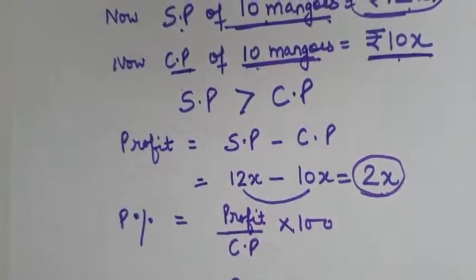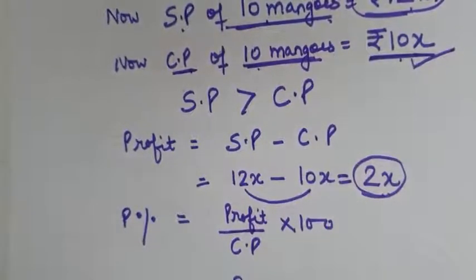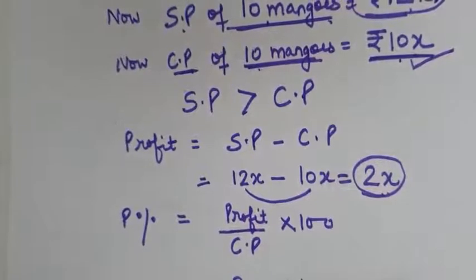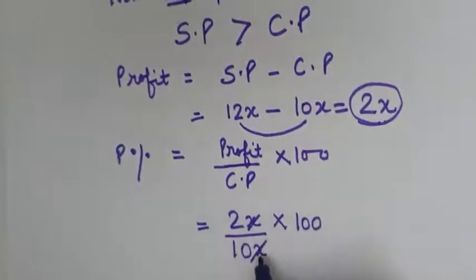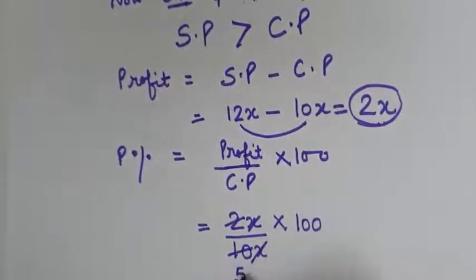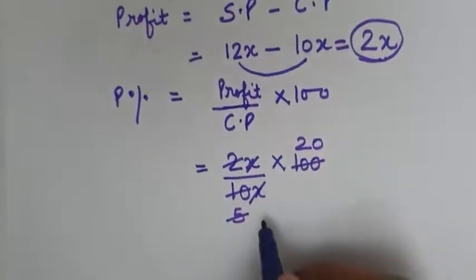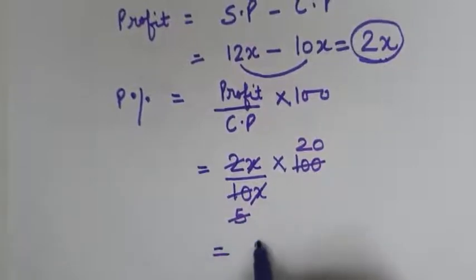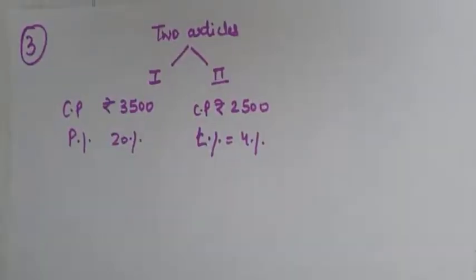And what is the cost price? 10x. Put the value, multiply 100. Now x and x will get cancelled. 2 fives are 10, 5 twenties are 100. So the profit percentage is 20%. Clear, children?